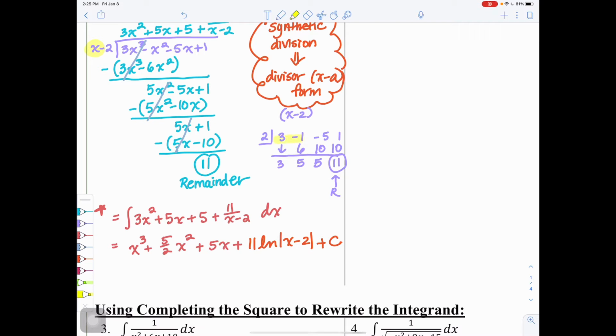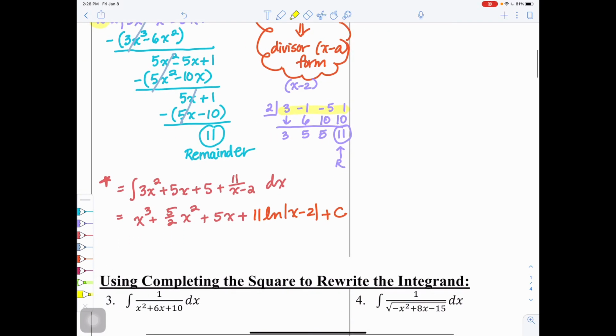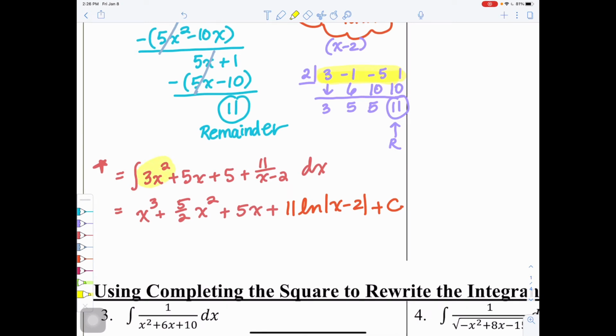This represents a cubic. Remember, this 3 is raised to the third power. Well, think about anything raised to the third power divided by something raised to the first power. That would leave a quadratic. So that is why this 3 here represents a quadratic.